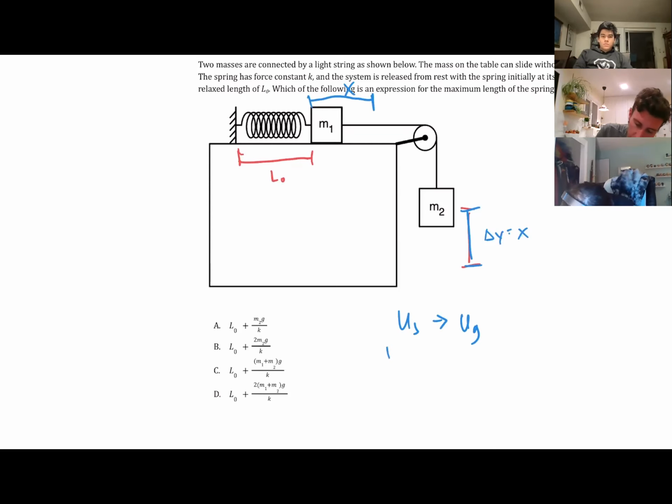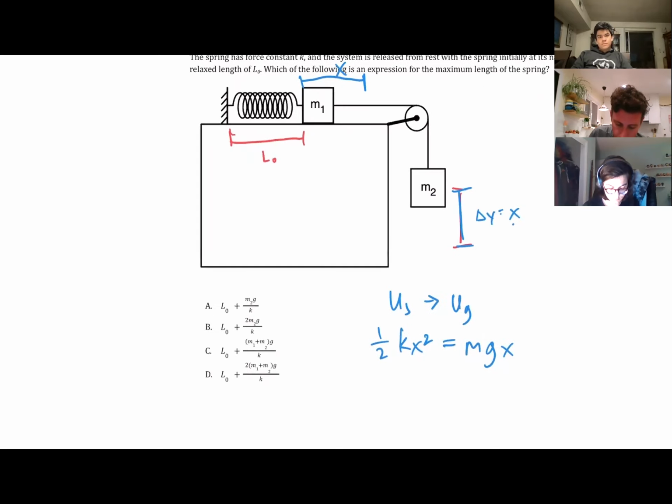So spring potential, 1/2 k x squared, will turn into mass times acceleration due to gravity times the height, which is x or delta y.